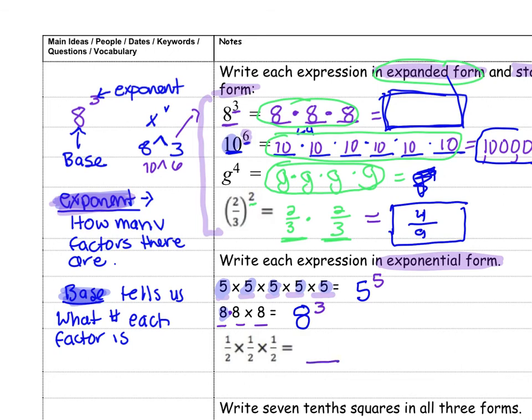What each factor is, 1/2. So that's going to be my base. And there is 1, 2, 3 of them. So my exponent is going to be 3. It's really important, though, that you put this in parentheses. So we know that this whole thing, 1/2, is our base. And we're raising it to the 3rd power.